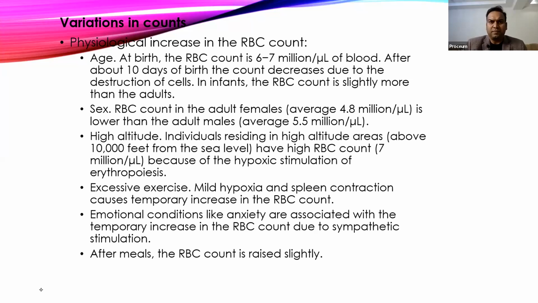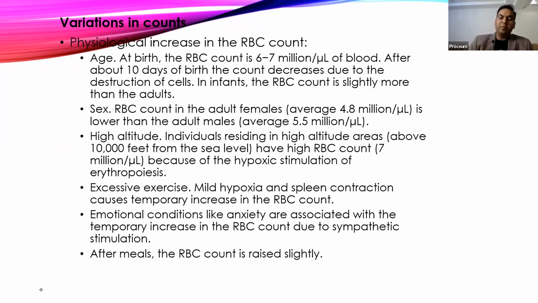Then there are emotional conditions. Whenever you have extreme emotions like extreme joy, happiness, sorrow, rage, fear, in this condition it increases the sympathetic activity, and that will cause vasoconstriction. And because of vasoconstriction, there is a release of the RBCs from the peripheral pool into the central pool.